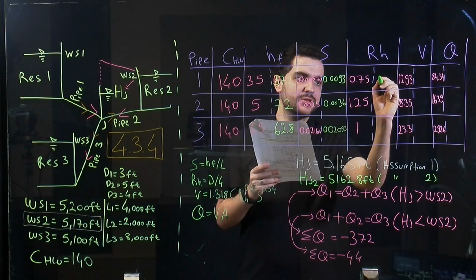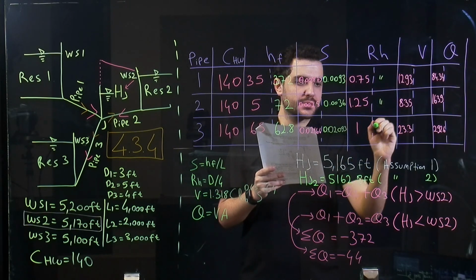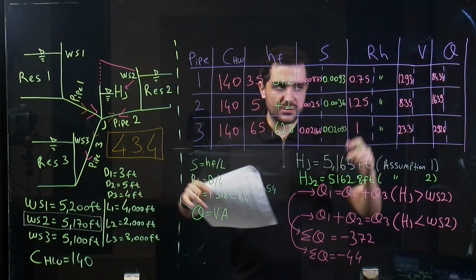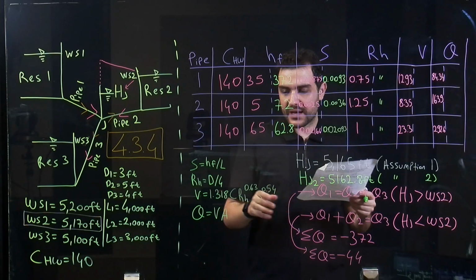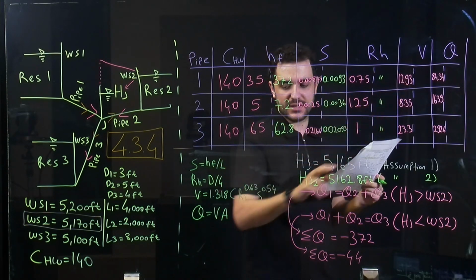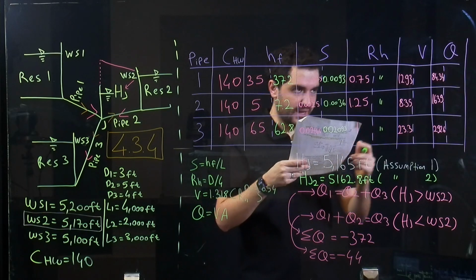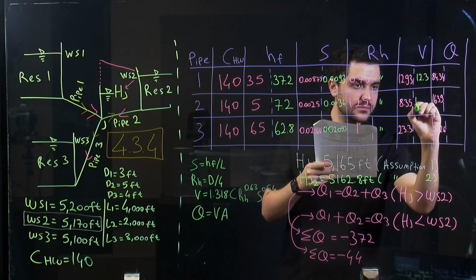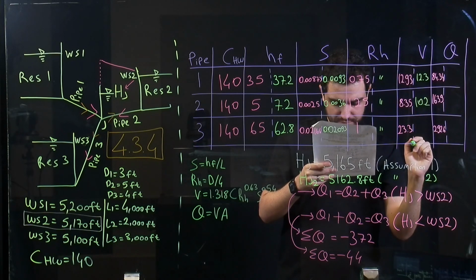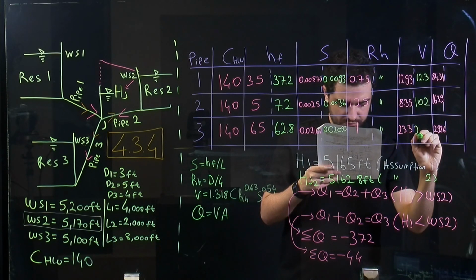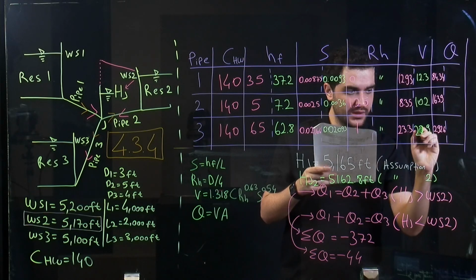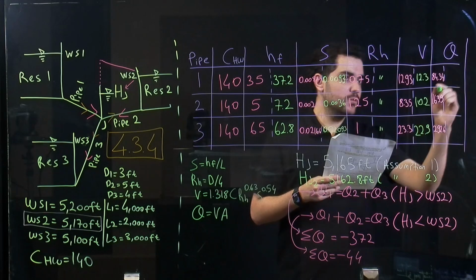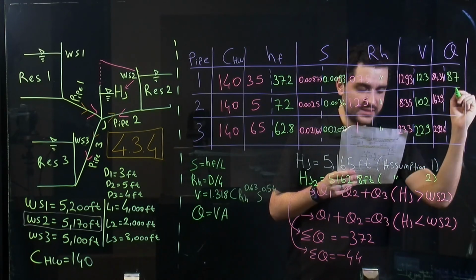We have same values here because this value is changing based on the diameter, and based on these values we can calculate the new velocity, and it will be these values. And again, using the continuity equation here, we can get final flow rates.